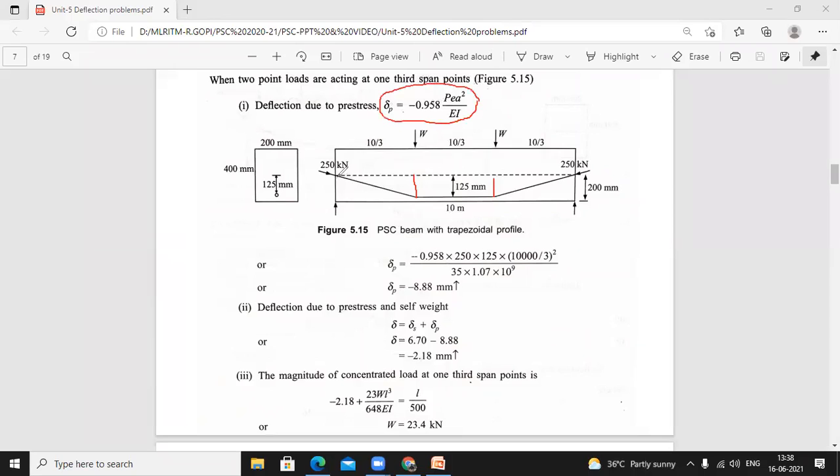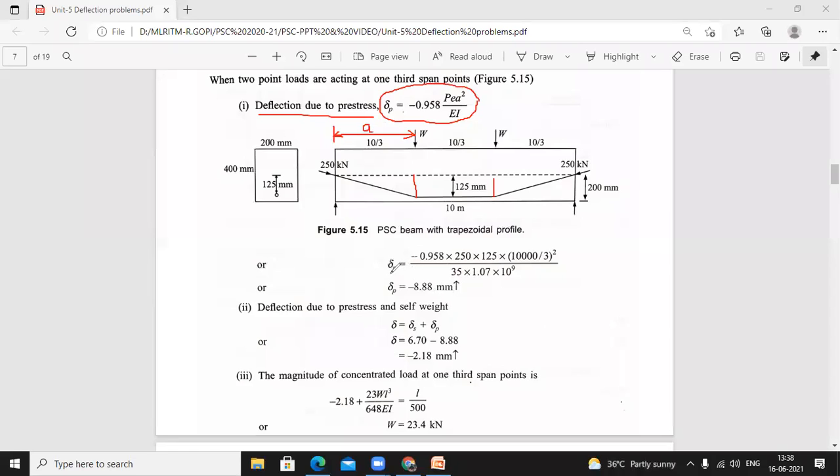If eccentricity is 0 at the support and maximum at the middle, under this condition, deflection due to prestress is minus 0.958 into P e a square divided by EI. What is that a? A is nothing but this 1/3 distance, 10 by 3.